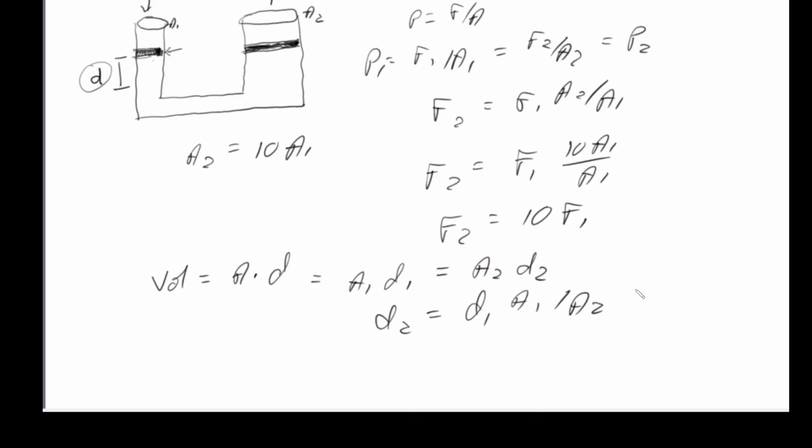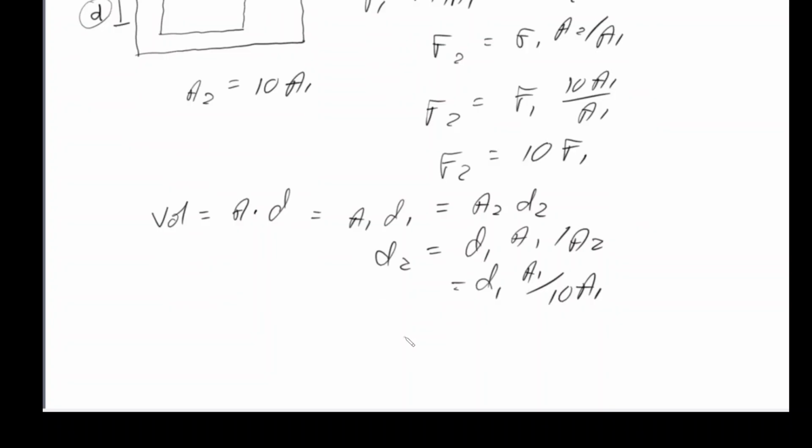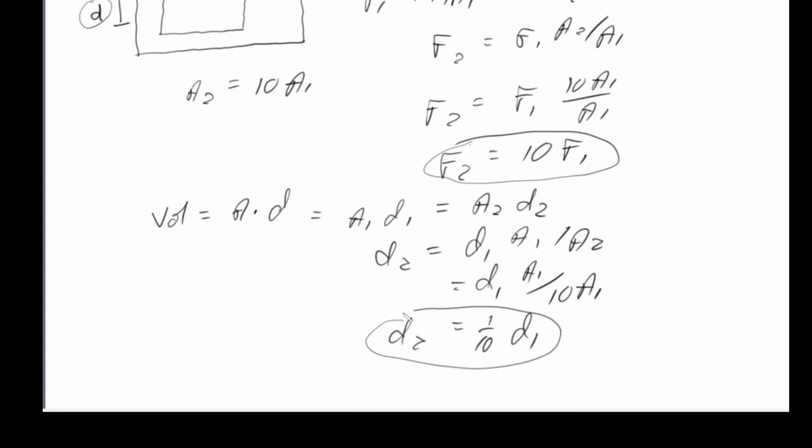And we know that that's equal to d1 times a1 over 10 a1, because we said that a2 is 10 times a1. So we get d2 is equal to 1/10 times d1. So this shows that we multiply our force 10 times, but we only move the distance by 1/10 the amount. This is how a hydraulic lever or hydraulic machinery works, based on Pascal's principle.